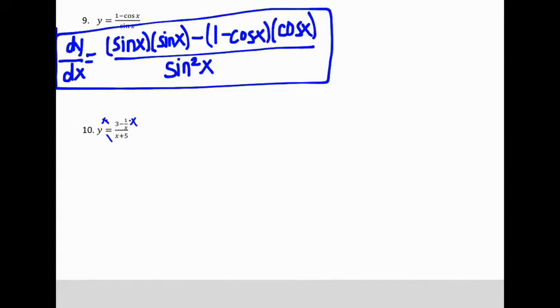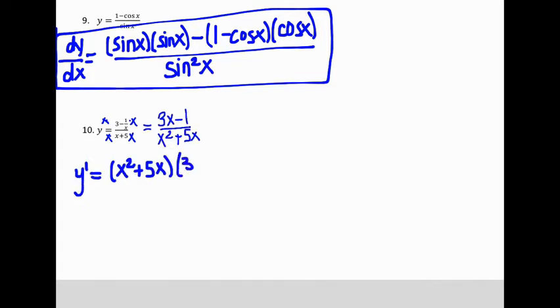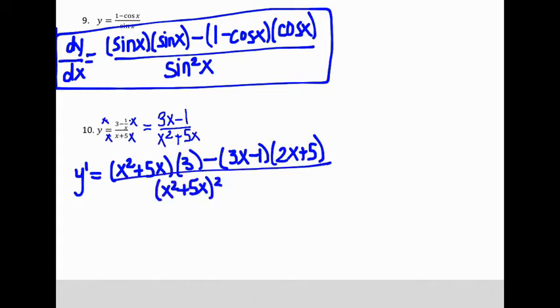So if I go through and multiply everybody by x, that looks a lot nicer to do a quotient rule on. Now I can say low d high minus high d low all over low squared. And here's my derivative.